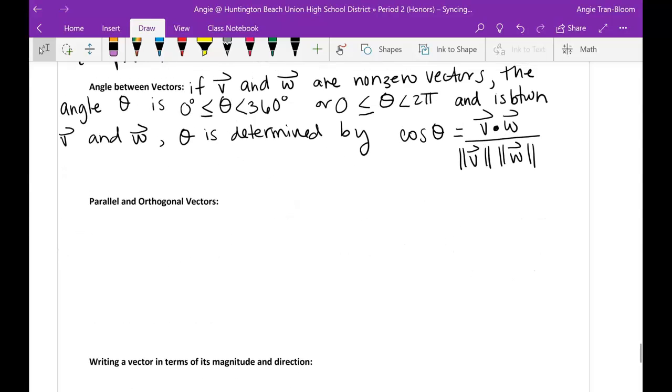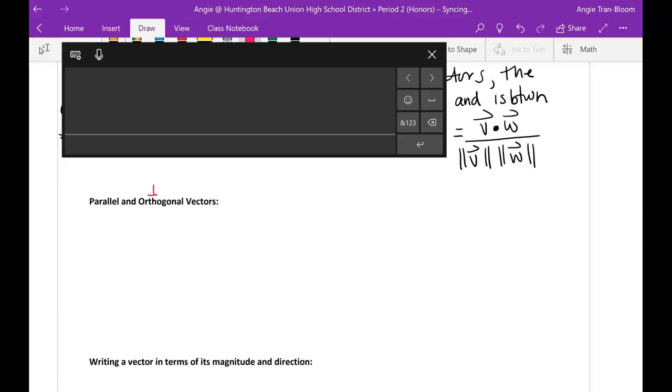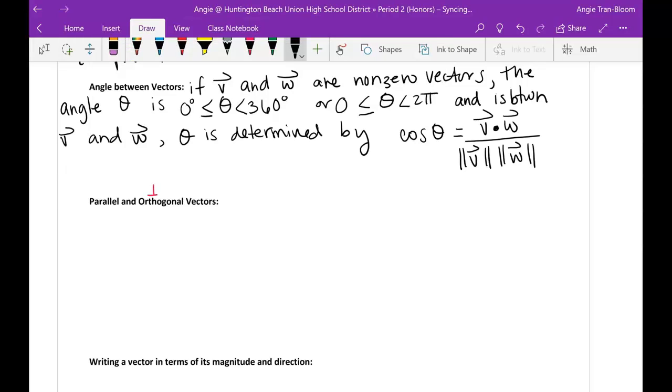Next, parallel and orthogonal. Orthogonal is really a fancy word, guys, for perpendicular, okay? Here we go. Parallel, if vector v and vector w are parallel, the symbol means parallel, okay?